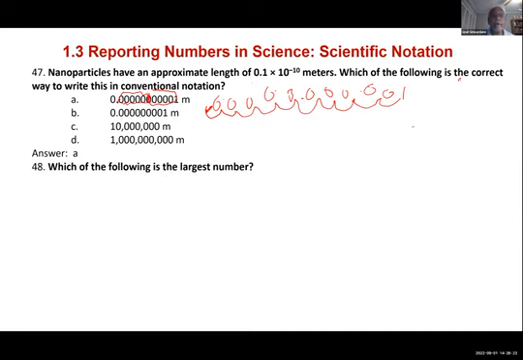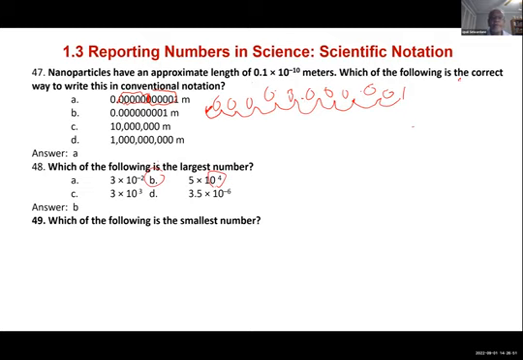Which is the largest number among the following? When you have scientific notation, you look at the exponent first. The highest exponent is the largest number. In this case, the highest exponent is 10 to the 4. So therefore, the answer is B. Which is the smallest number?